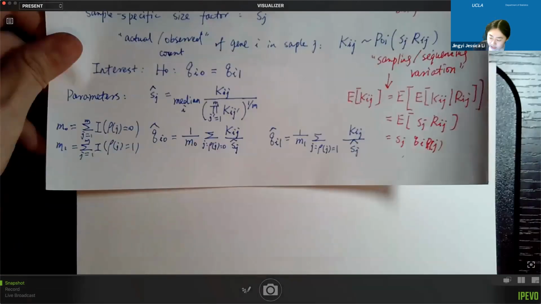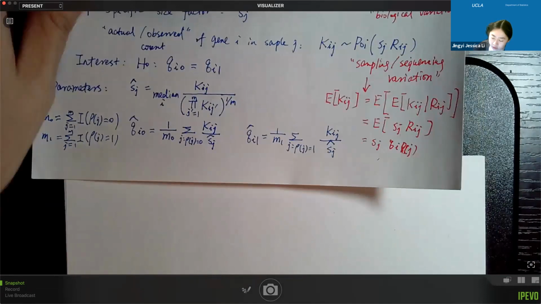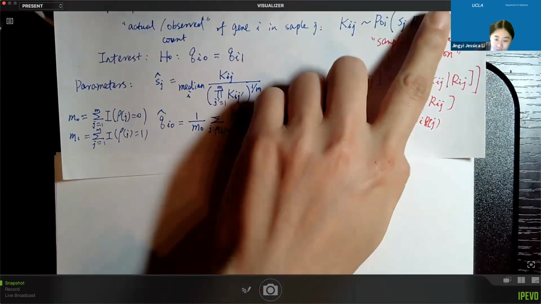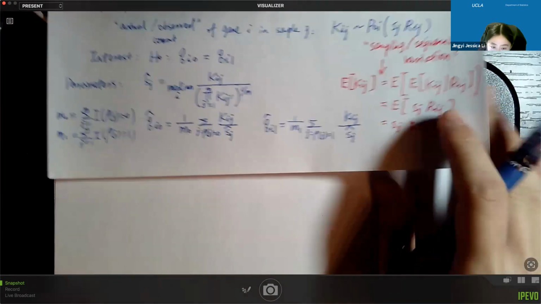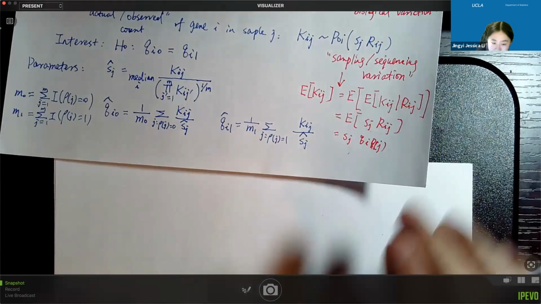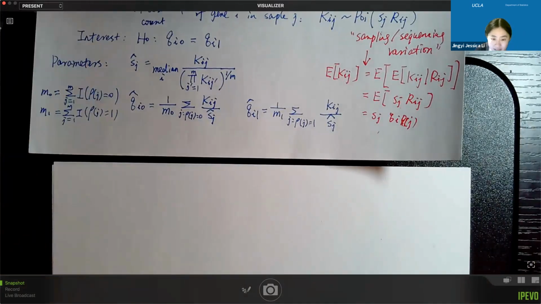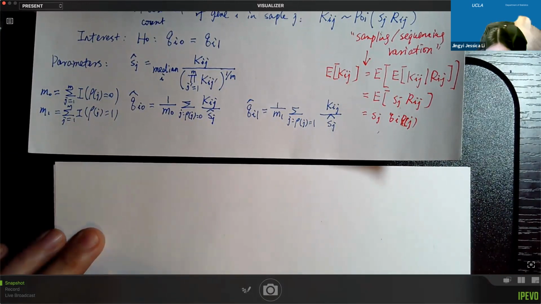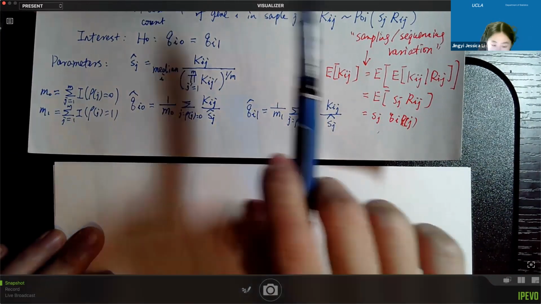So to estimate this mu, the authors again use the tower rule I introduced. So basically, what they did is that they wanted to estimate the variance.